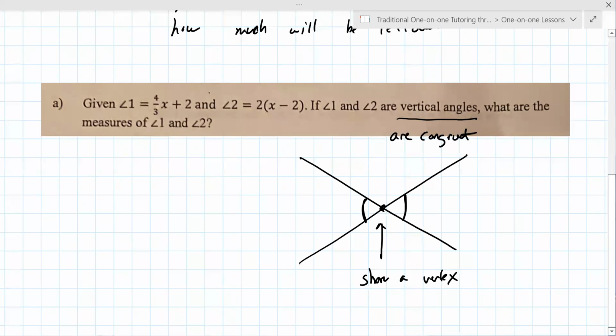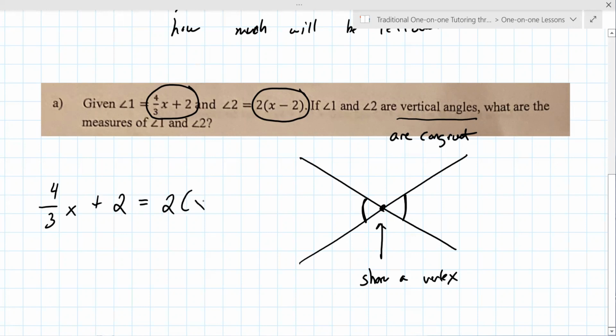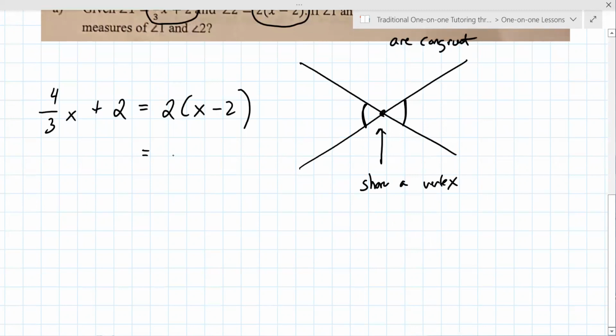Okay, so since angle 1 and angle 2 are congruent, that means that angle 1 and angle 2 equal each other. So I want you to write this down: 4/3 x plus 2 equals 2 times x minus 2. I would distribute this 2 to both terms on the right first.